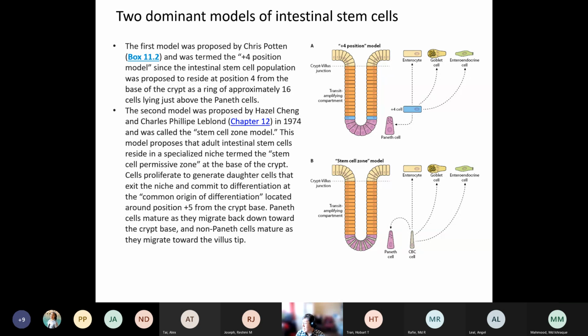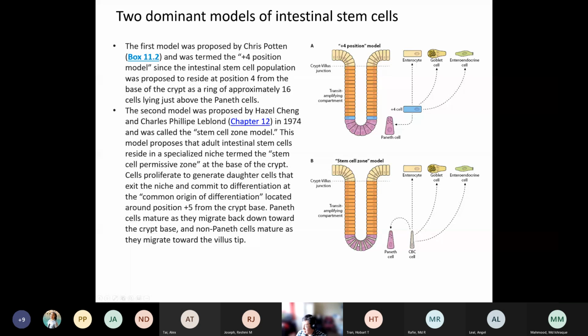Okay, so they say this is the stem cell permissive zone. This zone at the bottom of the crypt is responsible for producing all the cells in the lining of the epithelium. So they didn't say at which position.